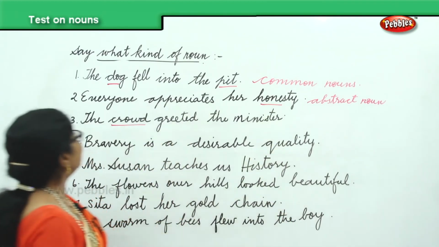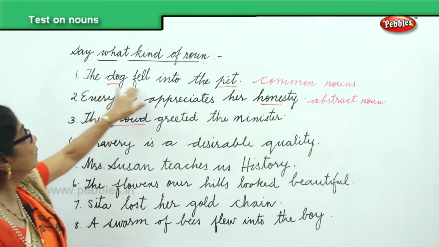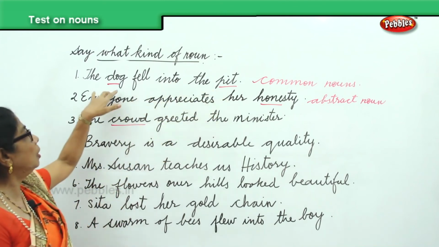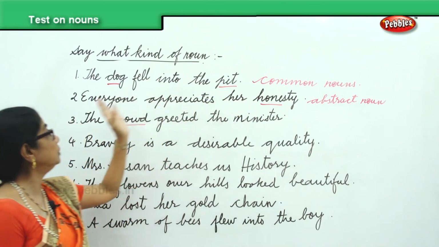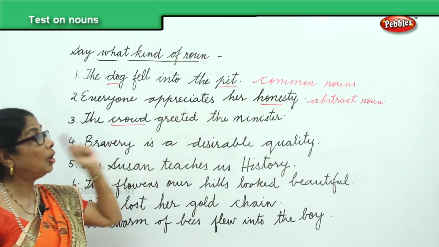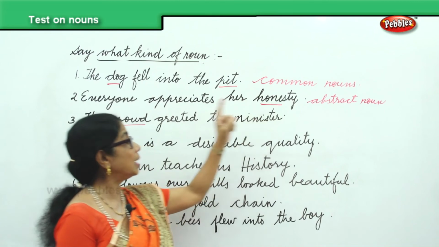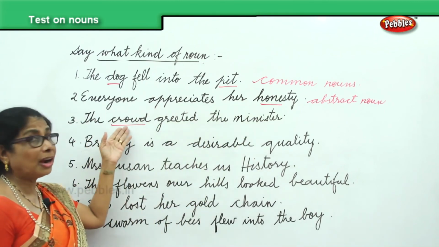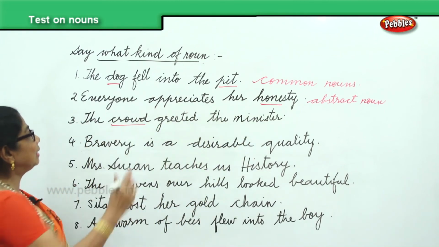See, in the first sentence, the dog fell into the pit. Dog and pit are common nouns. The second, we have everyone appreciates her honesty. Honesty is an abstract noun. The crowd. Crowd is a collective noun.